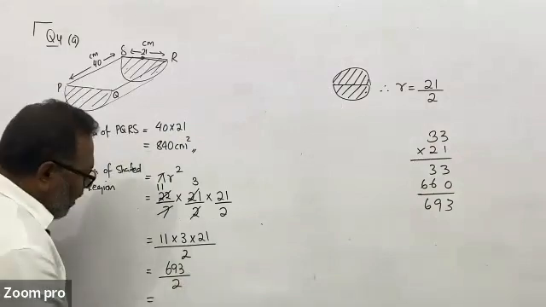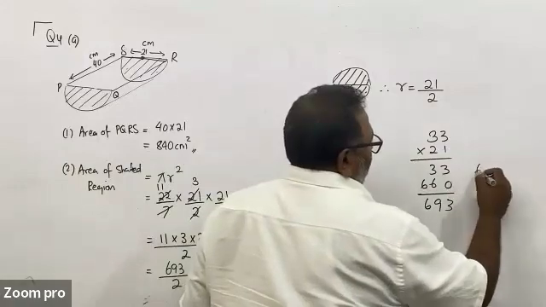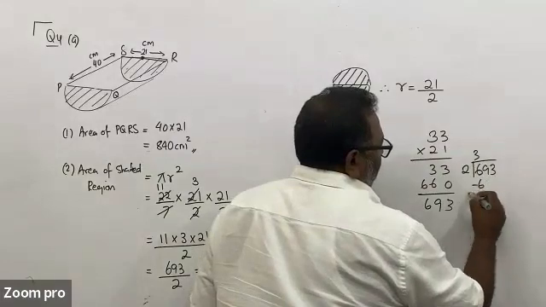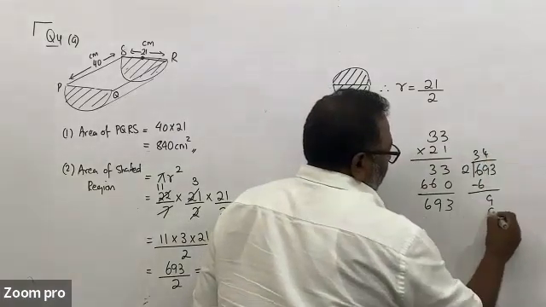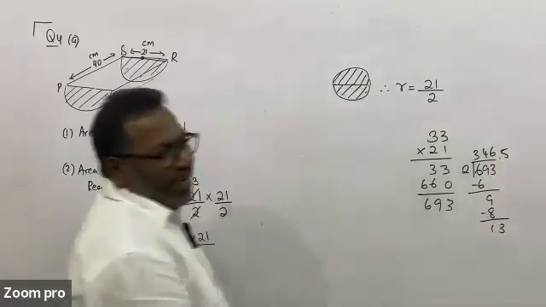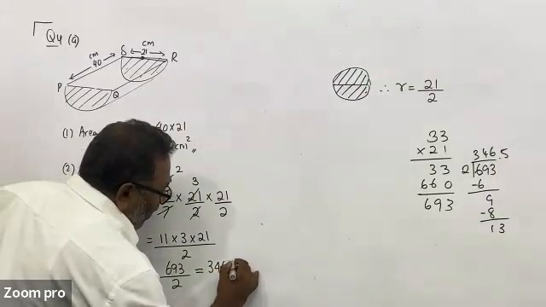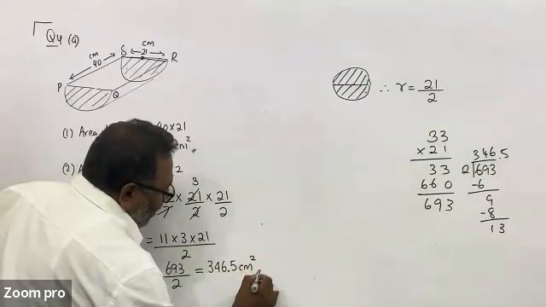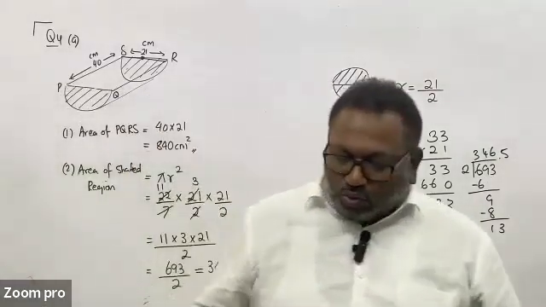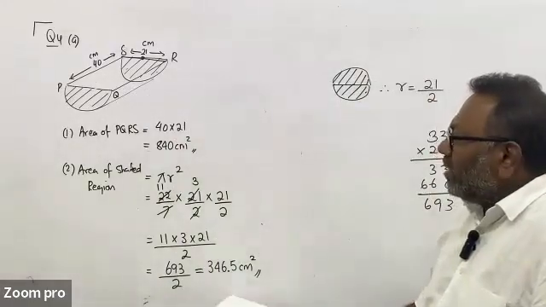So 693 divided by 2 is 346.5 centimeters square. So that is the area of your two shaded regions, 346.5 centimeters square.